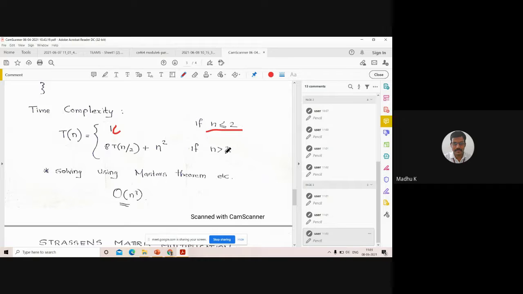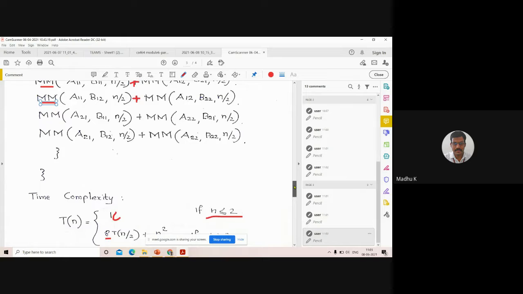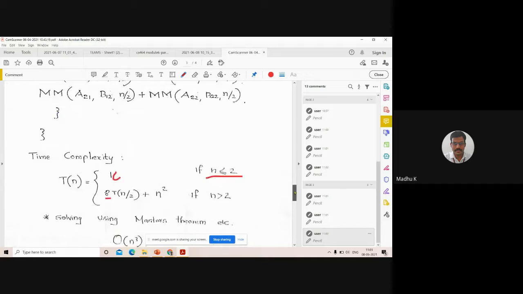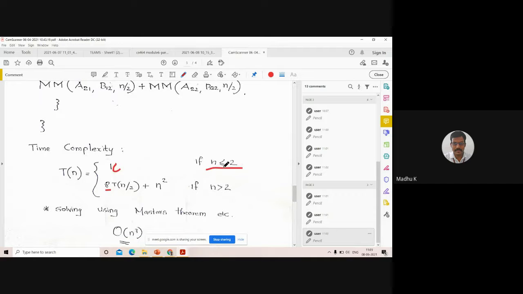If n is greater than 2, then we make 8 recursive calls, because here 8 calls are made, and the size of each problem is n by 2. So 8 into T of n by 2 plus n square.